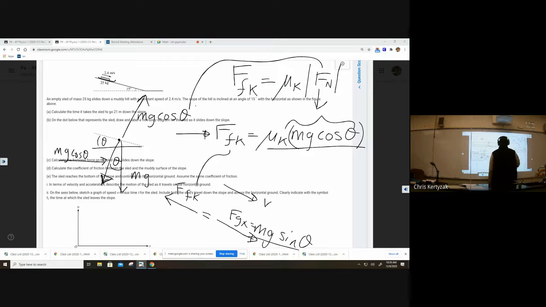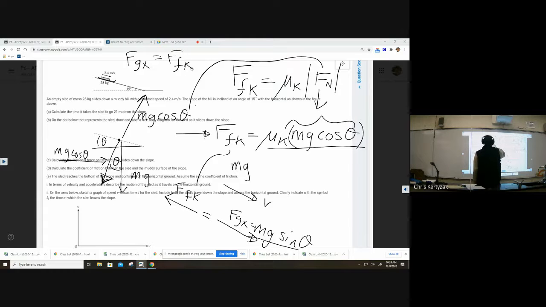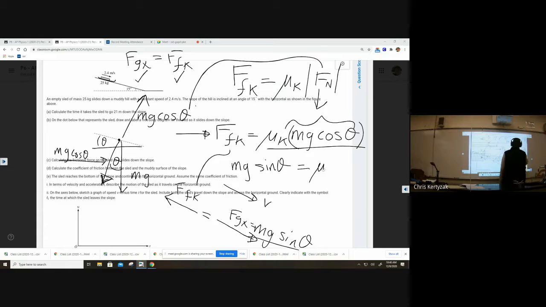Essentially I'm making the statement that FGX must be equal in magnitude to the kinetic friction force. So mg sine theta has to be equal to the big expression for FFK, mu mg cos theta.